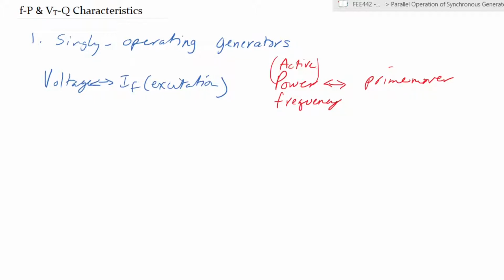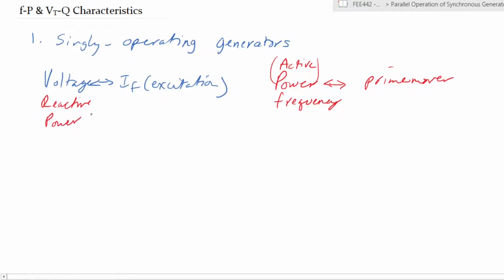So one additional thing that we would want to include here is that while the prime mover affects active power and frequency, the excitation of the generator affects the voltage as well as reactive power, or Q, right?